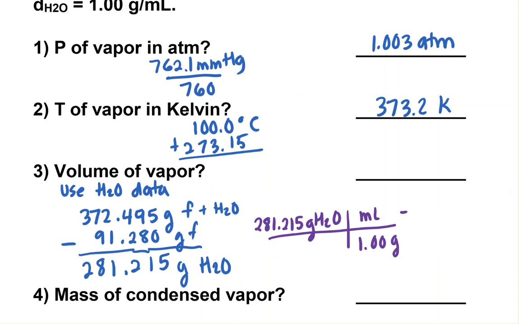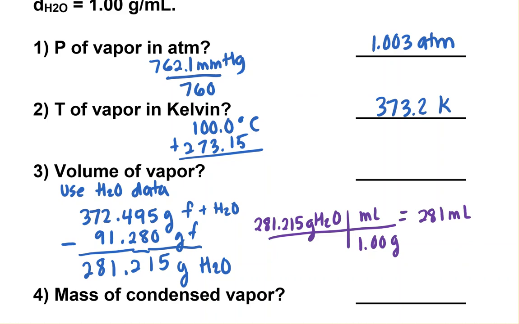And so the thing to note when we do this is that we're going to lose sig figs. This has 6, but this density is not exact. It only has 3. So I'm going to go to 281 milliliters. Or you could keep track of extra digits there if you want to follow them. I'd probably keep them in my calculator.